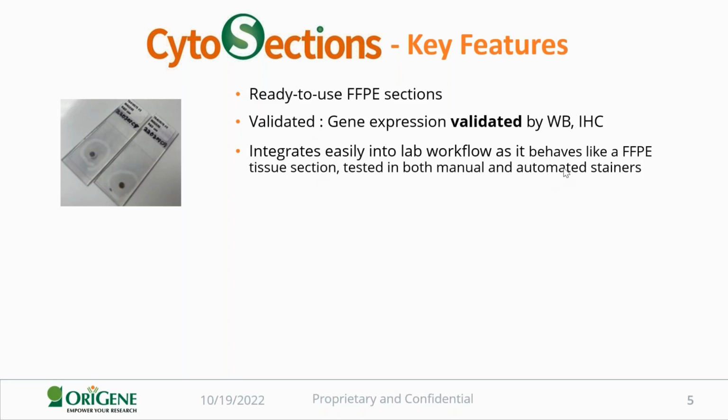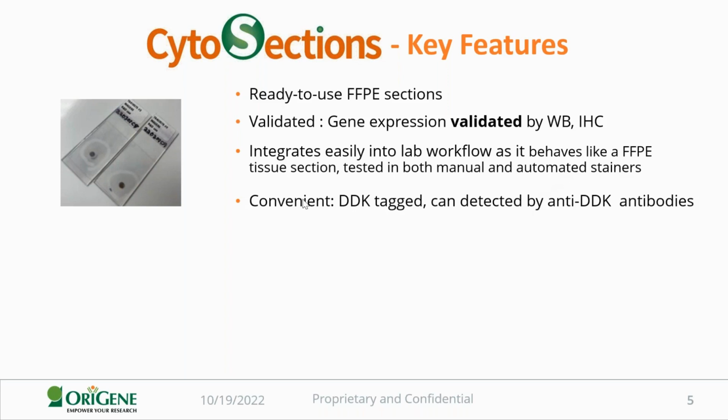Another important point is that these behave like FFPE tissue sections, and this has been tested for manual processing as well as in automated stainers. In addition, they are very convenient. You have DDK tagged. They can easily be detected using anti-DDK antibodies. And there's a special reason why this is so useful. We'll discuss that later.